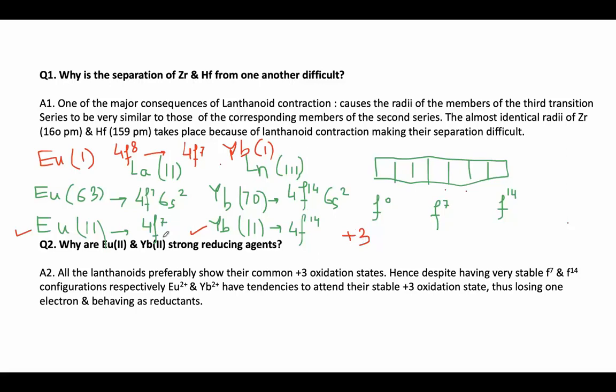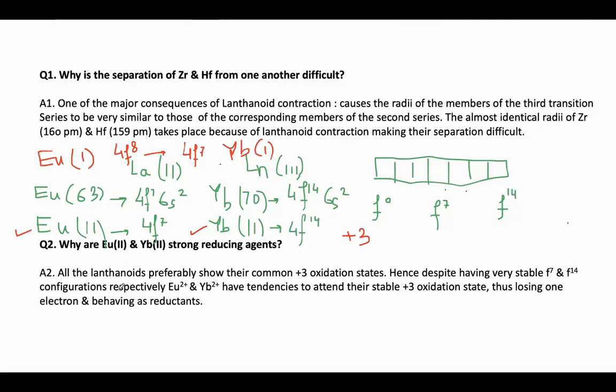So that's why both europium-2 and ytterbium-2 have a strong tendency to reach the +3 oxidation state, and that's why they want to lose their electrons. Since they are very prone to lose electrons and go to the +3 oxidation state, they act as very strong reducing agents. In a nutshell, all the lanthanides preferably show their common +3 oxidation state.